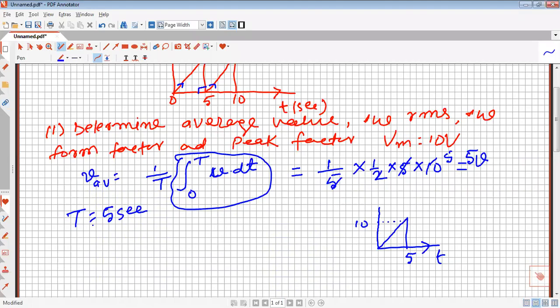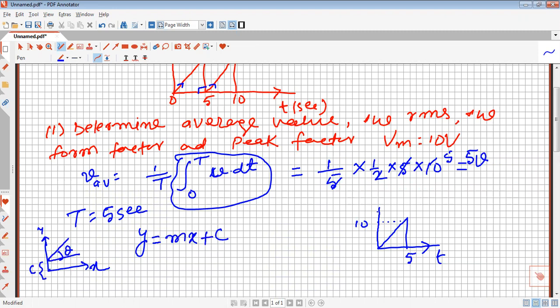So another method to find the average value or RMS value is to use the straight line equation, y equals mx plus c. m is the slope, this angle is theta, c is the y-intercept, this is the y-axis, and this is the x-axis.